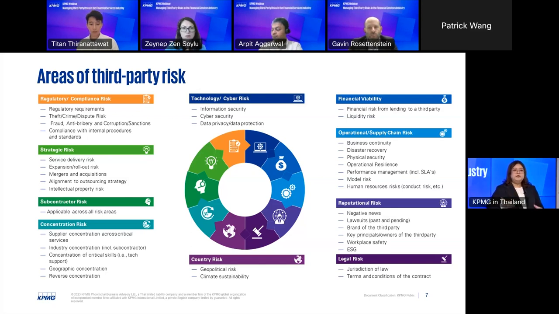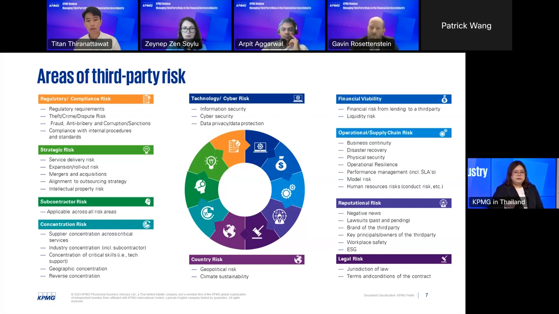I can give you an example of what happens if you do not manage third-party risks well. About five or six years ago in Thailand, a bank used an ATM service, and that ATM service had issues with a hack. It was hacked by malware, so the ATM service was shut down.